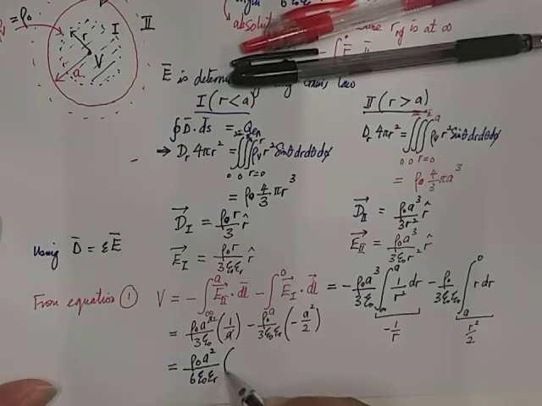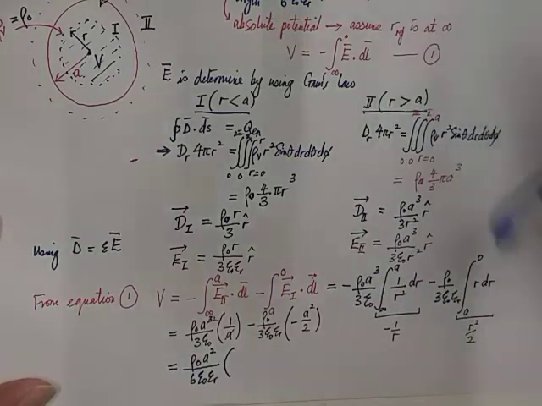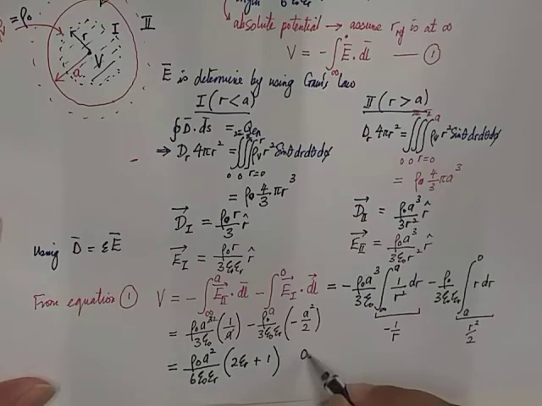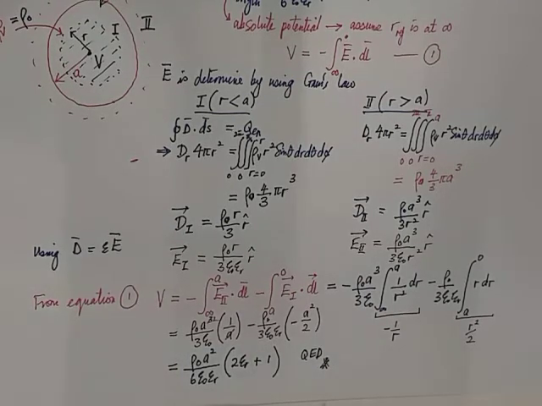Now for the 6, I have to put 2 epsilon r and then plus 1. So Q, E, D. Okay, that's done. Alhamdulillah. So we have solved the problem.